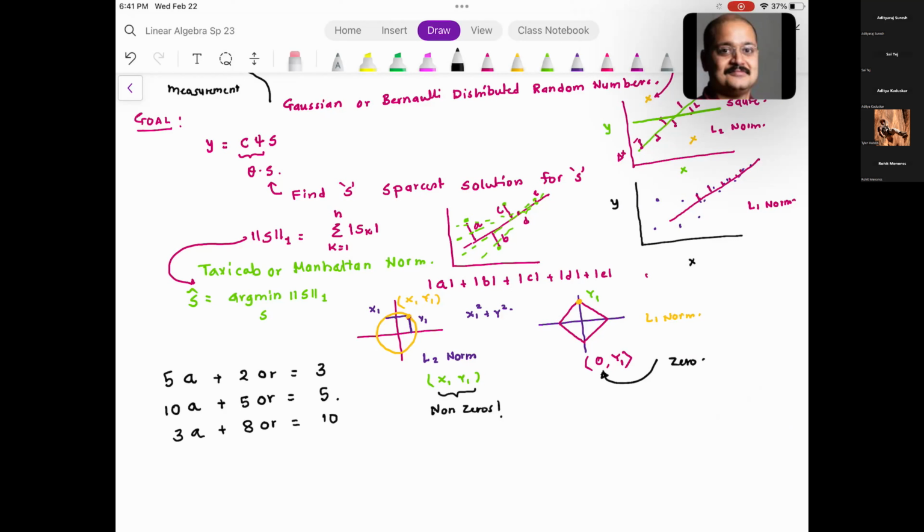Please understand, if I want to find out the L2 norm solution, I would have to get a value of apple and the value of orange. So if I want to find out the L2 norm solution, my apple would cost me some dollar amount and my oranges will cost me some dollar amount.